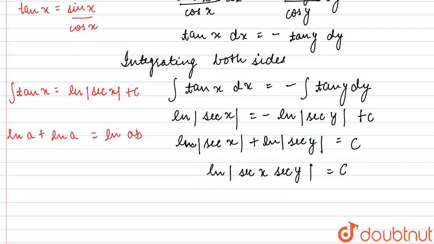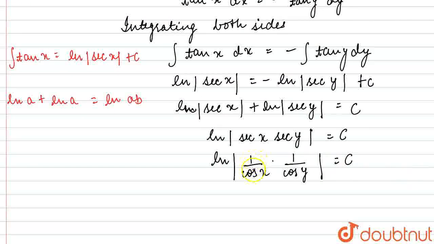Now I can put sec theta is nothing but 1 upon cos theta. So I'll put this as 1 upon cos x into 1 upon cos y is equal to c. So this becomes ln mod of 1 upon cos x cos y is equal to c.